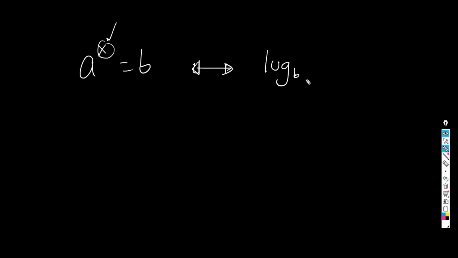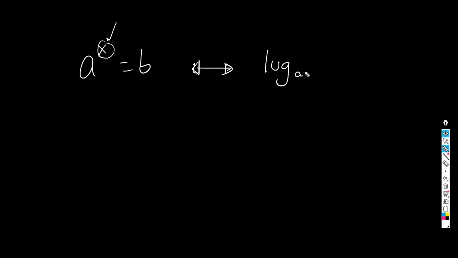Whenever you have this, a to the x equals b, then if you want to get the exponent, not the base, this is the base, the equivalent statement is logarithm base b. No, I'm sorry.